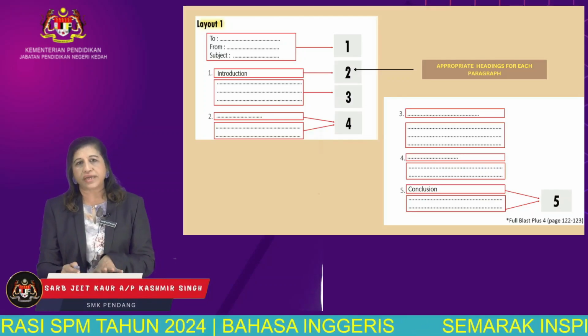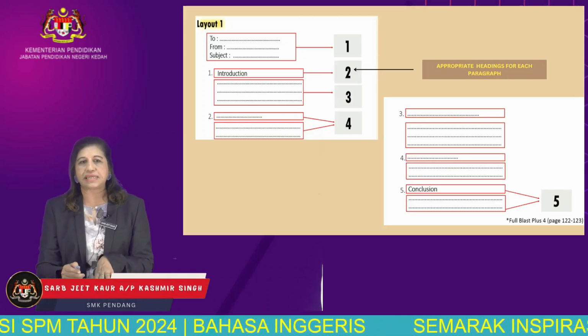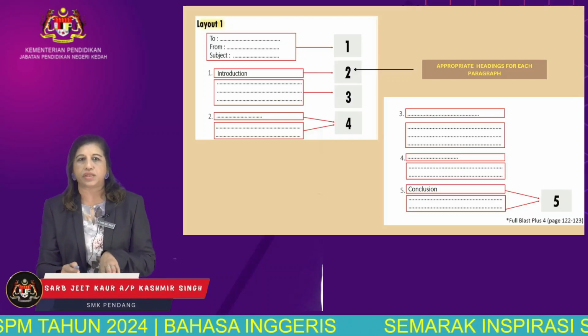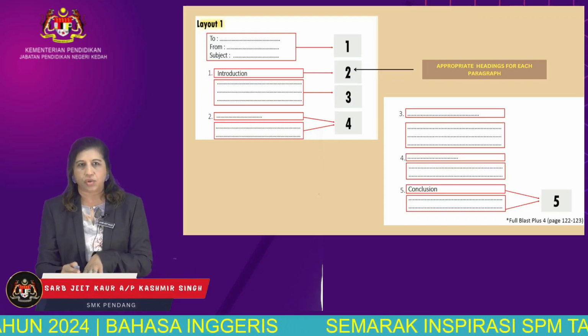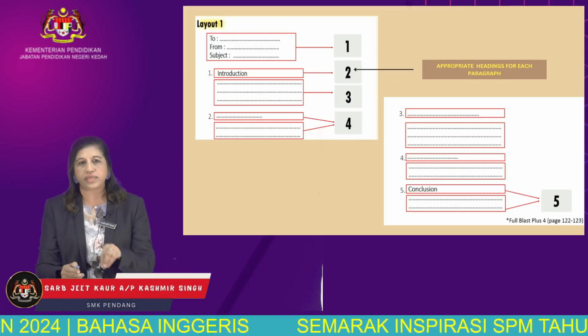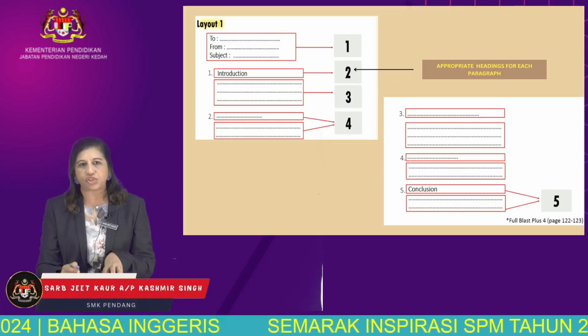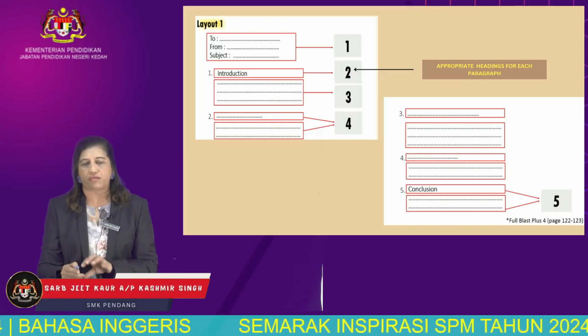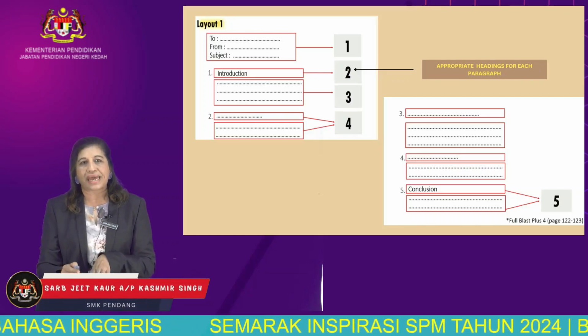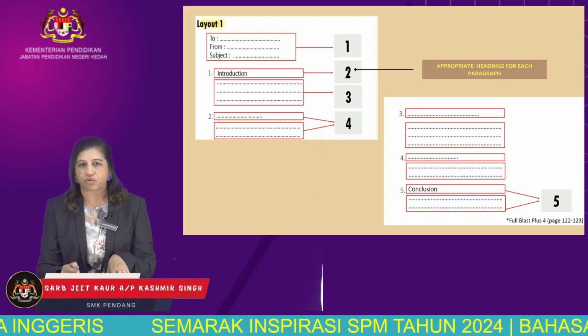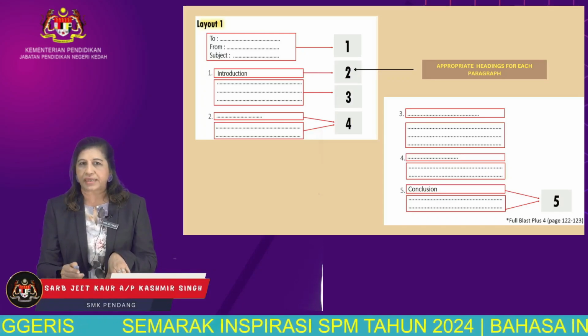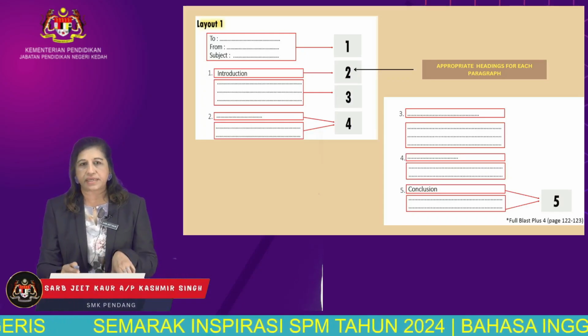If you look at the format, the first thing that you need to look at is the word "To". To is to whom the report is addressed, "From" is who is writing the report, and "Subject" is the title of your report. Now, if you look at number 2, what is written there? Introduction. But if you look at number 4, I have not written anything there.